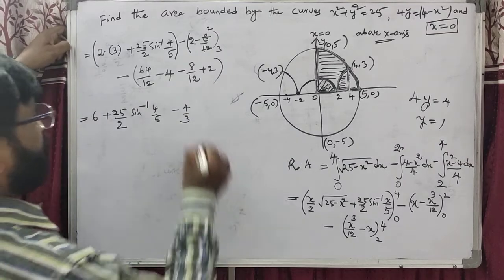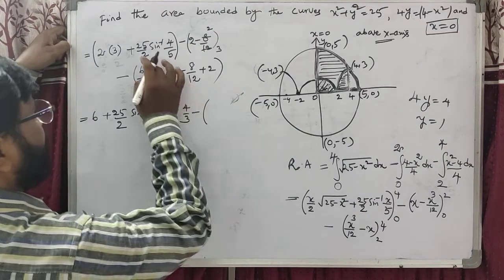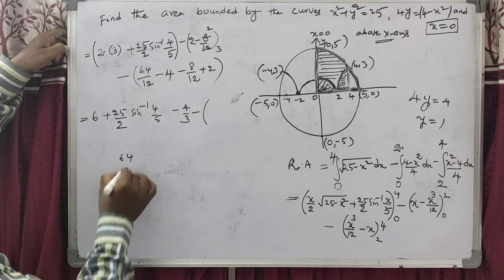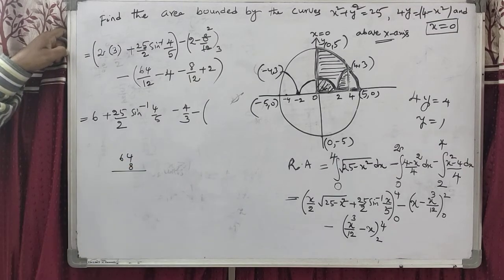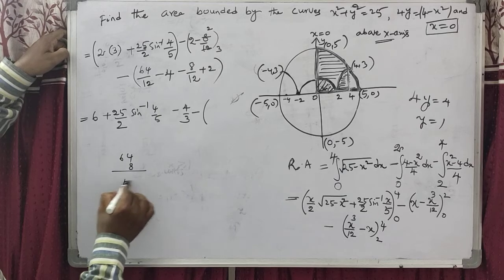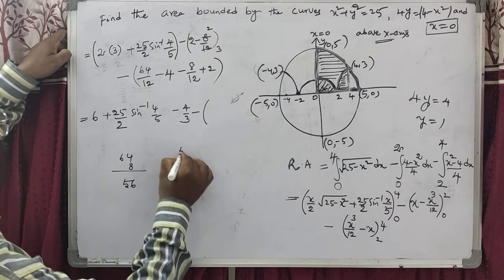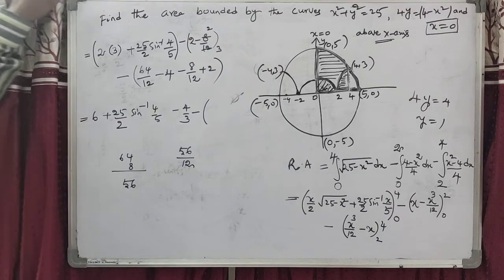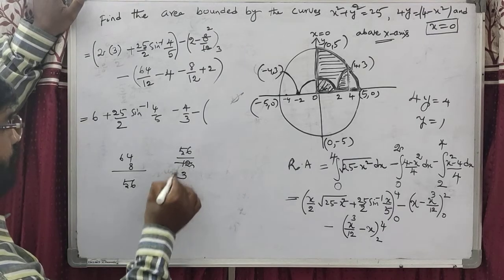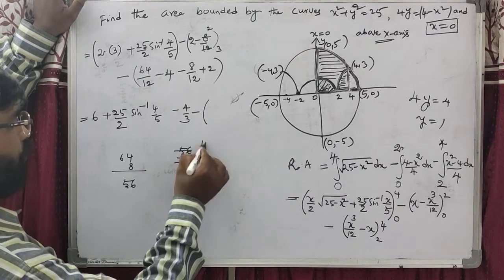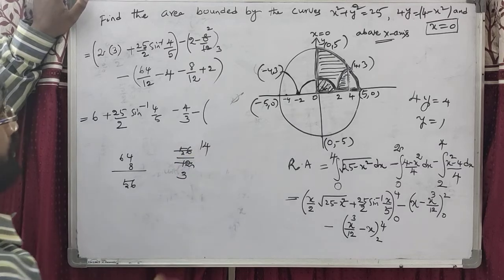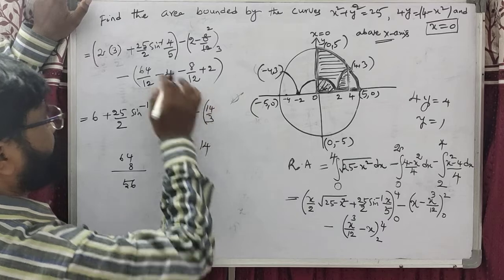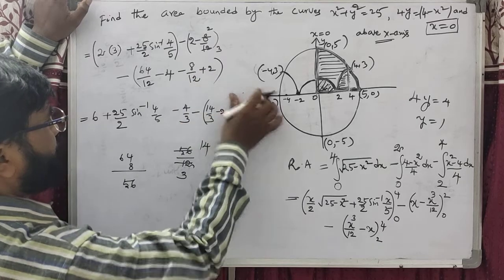Dear students, we can write minus of 64 minus 8. 64 minus 8 is 56, students. 56 by 12. Okay, now 4 3s are 12, 4 1s are 4, 4 4s are 16. Therefore, now this is 14 by 3. Now this is the minus 2.